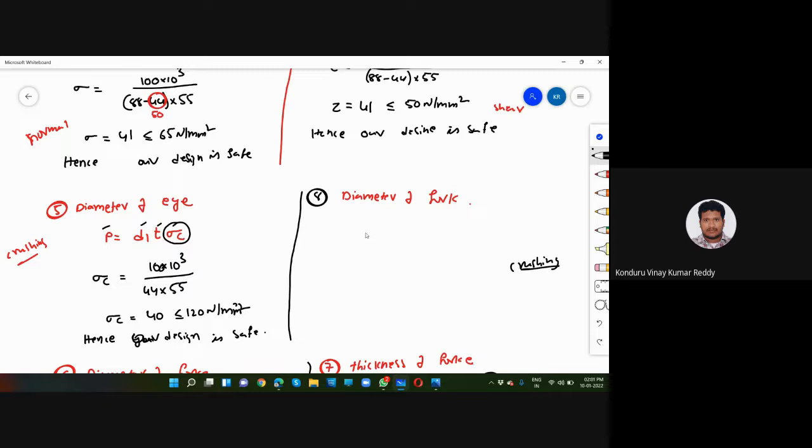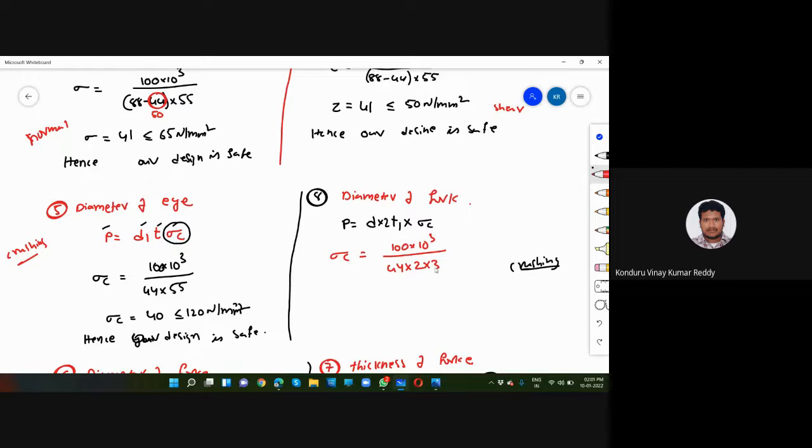The formula for this is P is equal to D into 2T1 into crushing stress. There it is D1 into T, here it is D into 2T1, which looks similar. Now let us find the value: sigma C is equal to 100 into 10 to the power of 3, D is equal to 44, and T1 is equal to, can anybody provide the answer for T1?